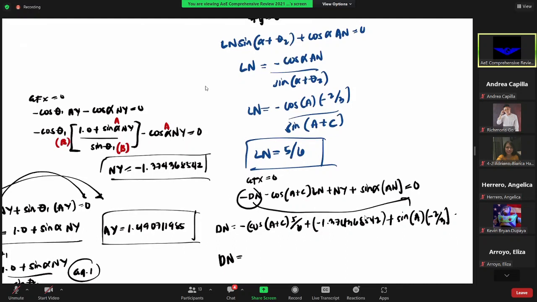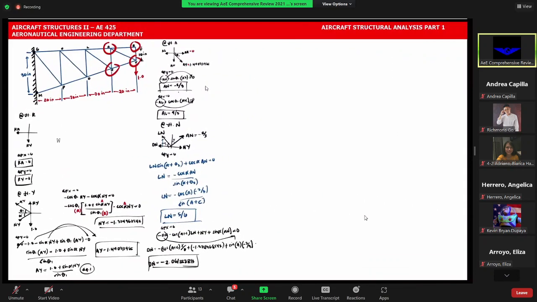Ayan. So lumalabas na negative value yan. Negative 2.0615528813. Okay? So meron na tayo niyan.